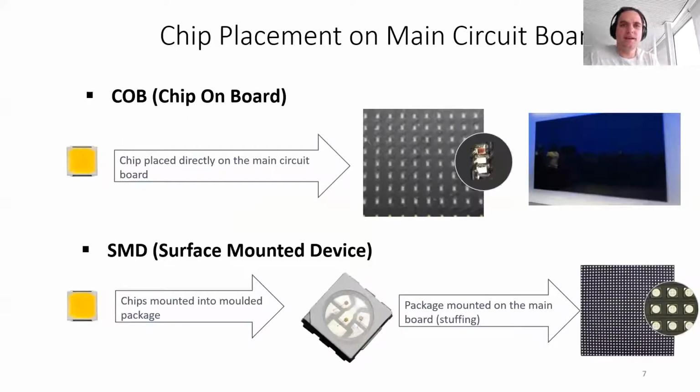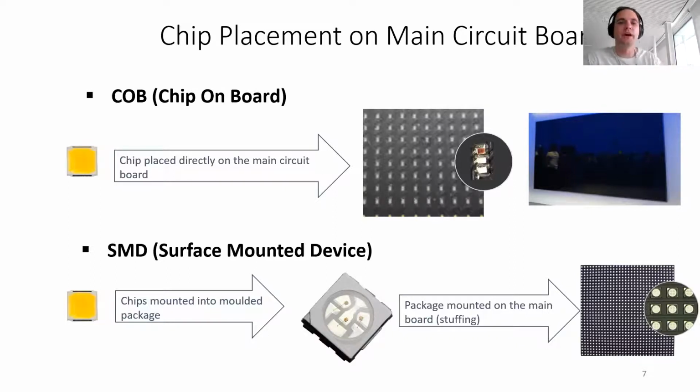Next is then the chip placement on the main circuit board. The big difference between chip on board and SMD: with chip on board, the diodes are placed directly onto the LED board. With an SMD, a surface mounted device, this happens with an extra step.